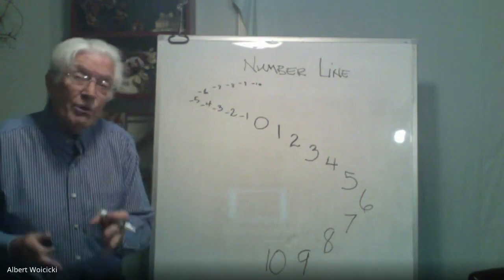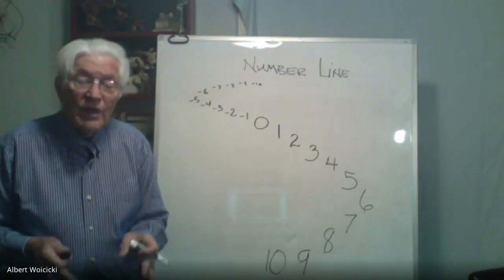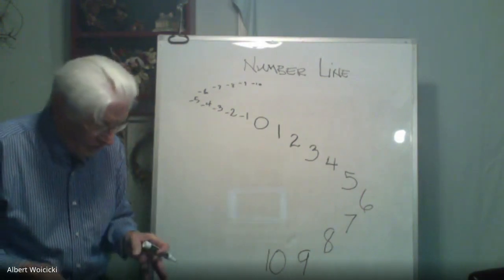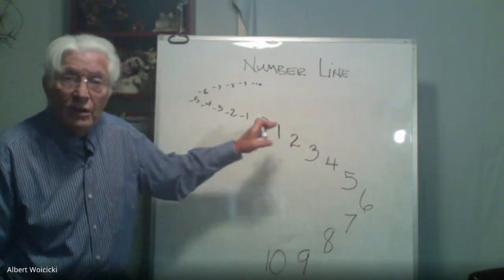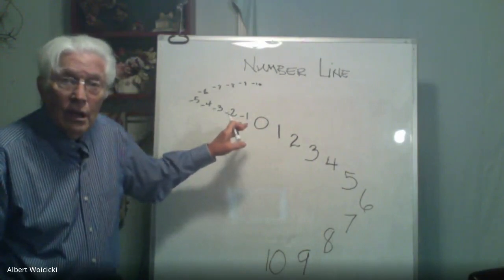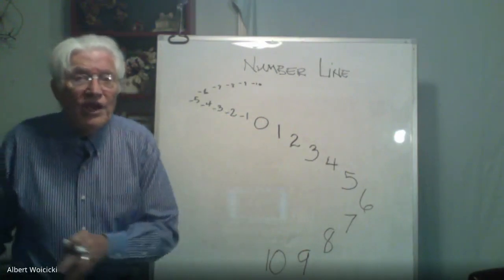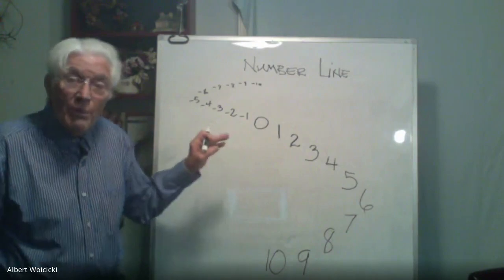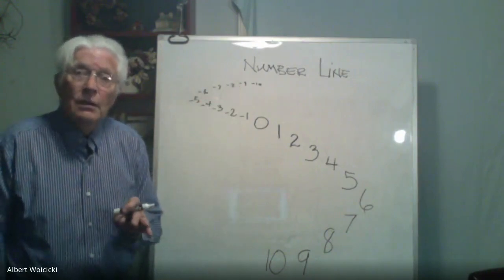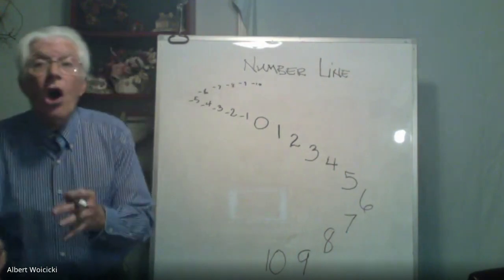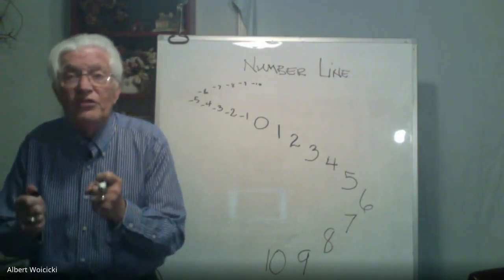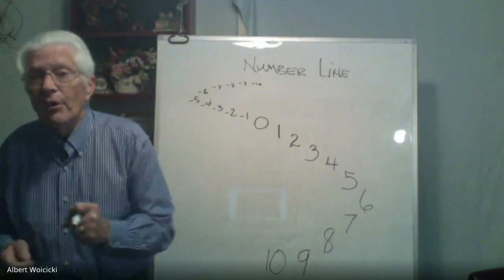And we need numbers on the floor. We need squares on the floor that have these numbers, not necessarily serpentine, but maybe all the way to 50 and all the way back to negative 20, so the students can stand on them and be on them and know when it's an even number or an odd number.